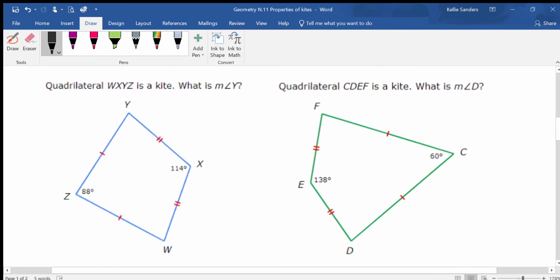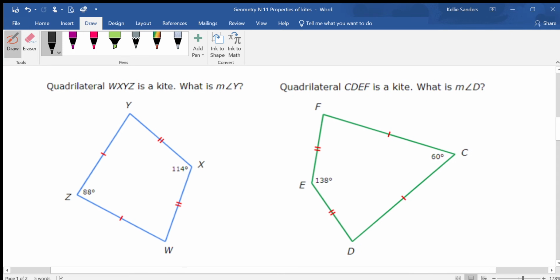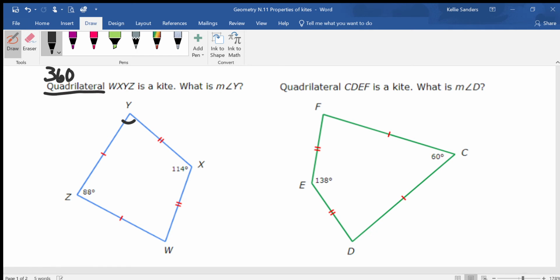Okay, so quadrilateral, it's a kite. What is the measure of y? Okay, so if it's a quadrilateral, all four angles add up to be 360. Every quadrilateral, doesn't matter if it's a special quadrilateral or just a yucky quadrilateral, the angles add up to be 360.